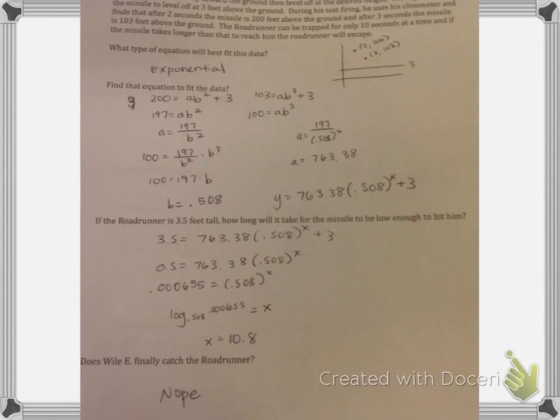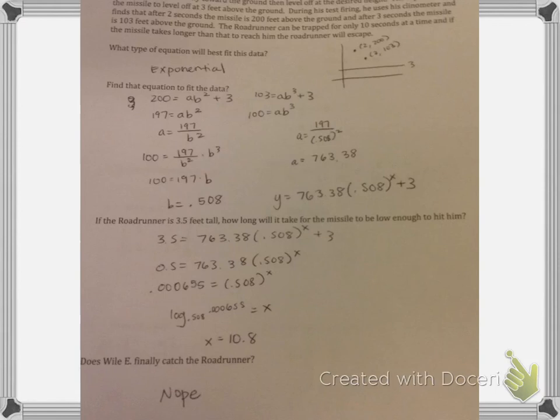And it's going to be really important in this problem right here, where we're trying to figure out if the Roadrunner is 3.5 feet tall, how long will it take for the missile to be low enough to hit him? So I put in 3.5 for my y, okay, and I want to know how long it's going to take to get there. So I'm going to go ahead and subtract 3, and I get 0.5 equals 763.38 times 0.508 to the x power.